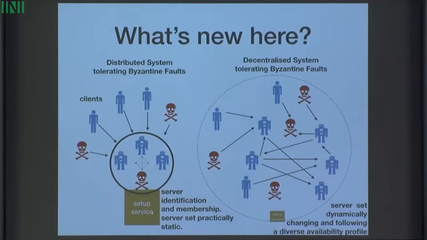The key difference was that even though the Byzantine model was put forth, there was always an assumption about a setup that organized the set of servers that are going to solve the problem and gave them identities, essentially. This is a very big assumption.